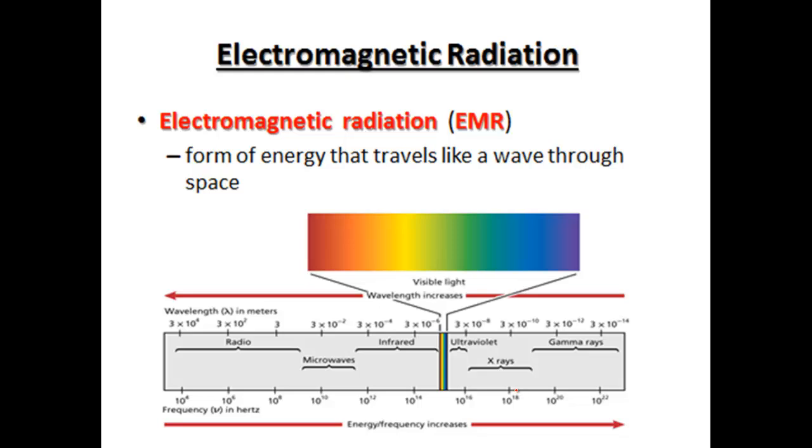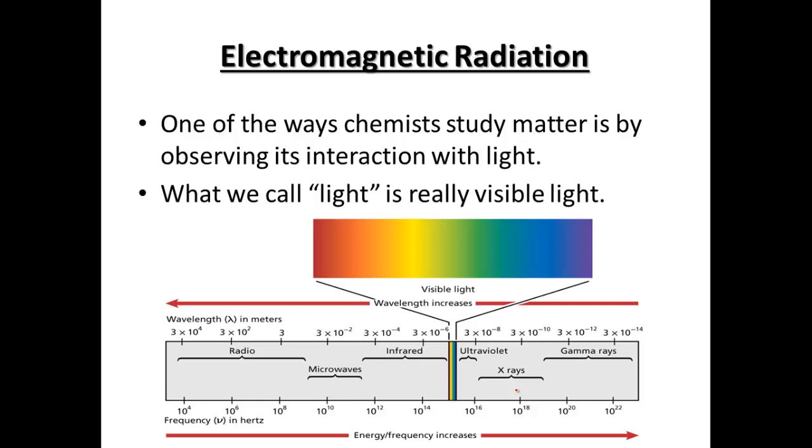Now, there are lots of forms of electromagnetic radiation. Visible light, or what we call light, is just one of those many forms. As you look at the diagram that you have, there are radio waves, which your cell phone uses.